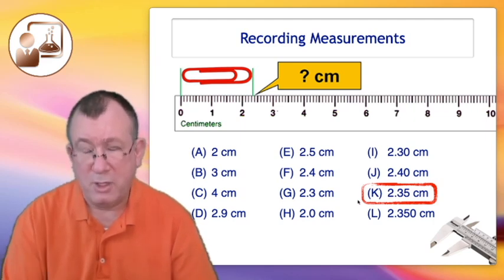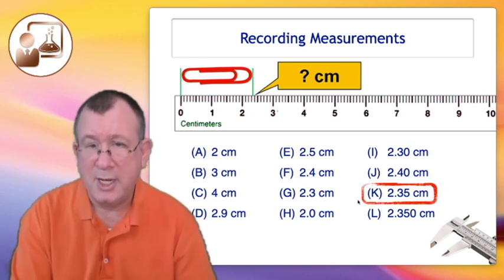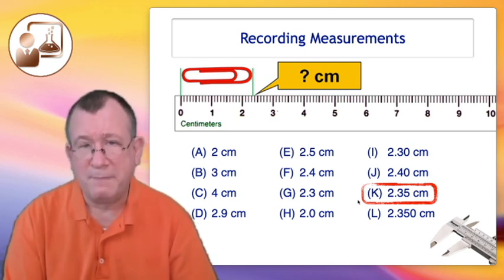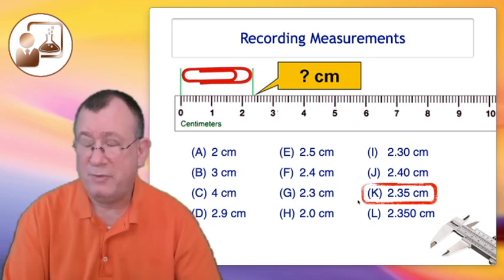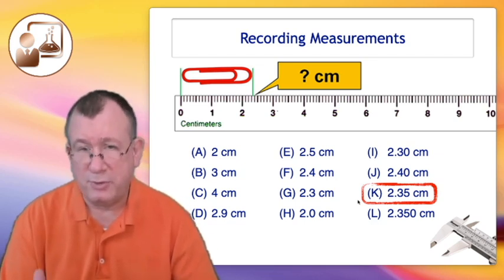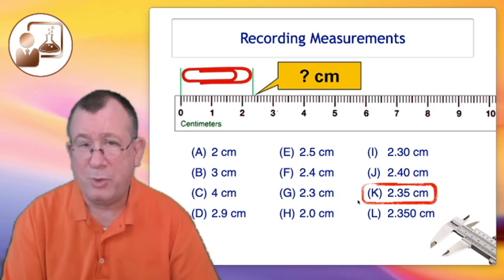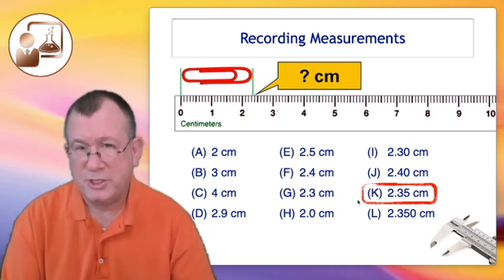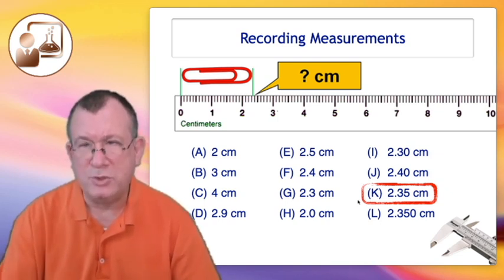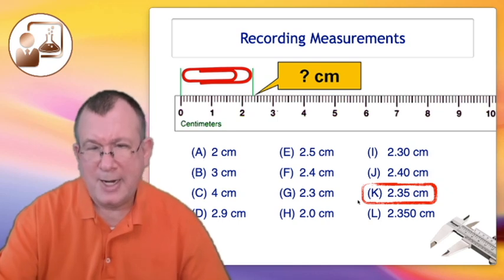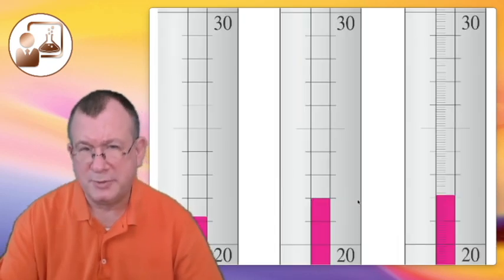If you put 2.40, you'd also lose points because it's clearly not all the way to that. But if you wrote 2.35, or even 2.36 or 2.33, you would get points for it because you put what you were certain of, the 2, the 0.3, and you put a reasonable estimate between the two smallest marks. All right, this is how you work with graduated instruments.